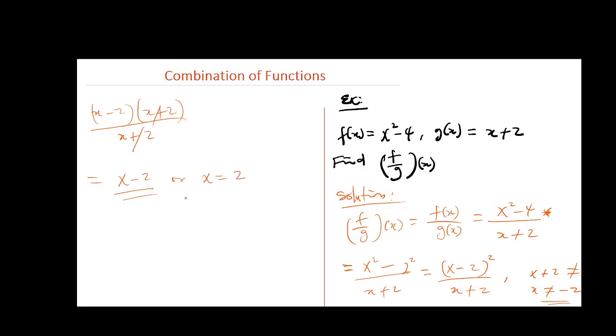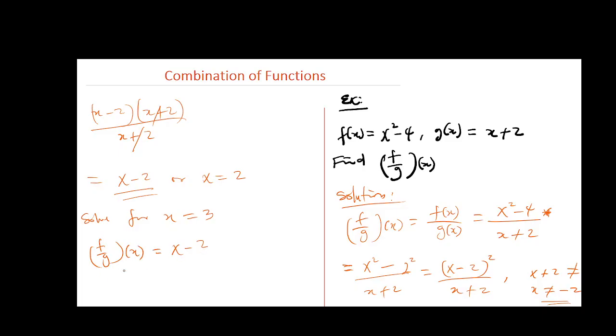All right, if that is the case, let's solve for x equal to 3. Now for us to do that, we know that our f over g of x gave us the value of x minus 2.